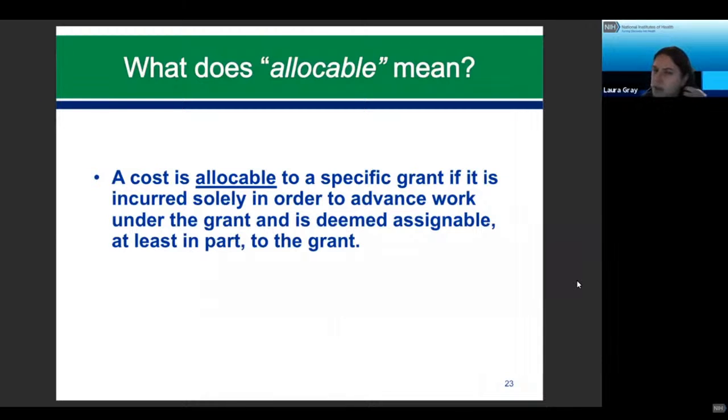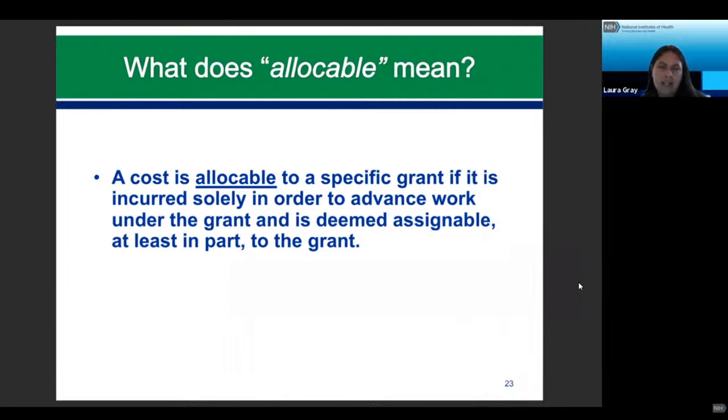Does it advance the work of this National Cancer Institute award? And if it's not, then it's not applicable for that particular award. And it can't be, oh, it's applicable for another NIH award, even though there are multiple ICs and centers, it has to be applicable to that particular NIH award.